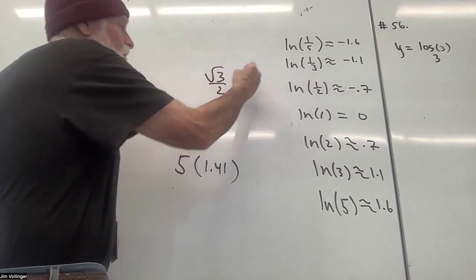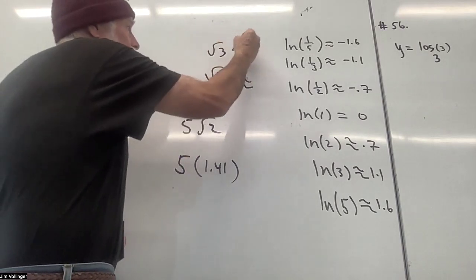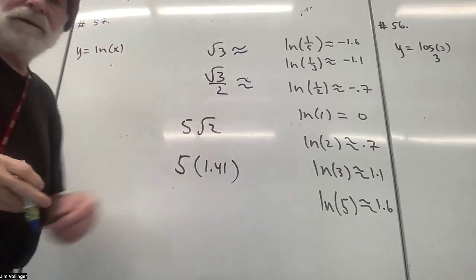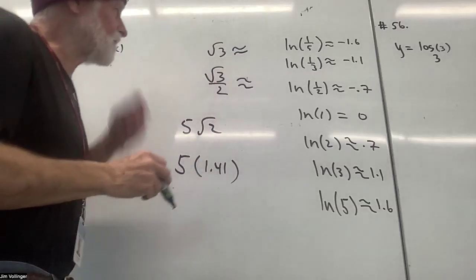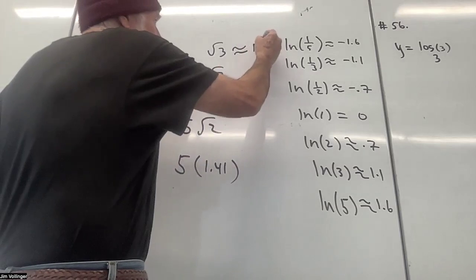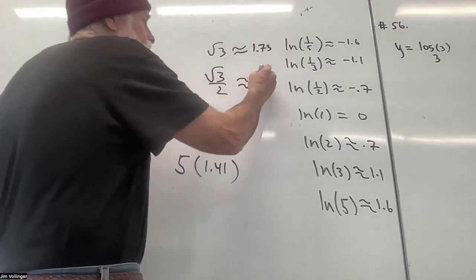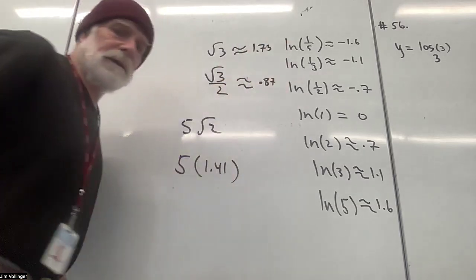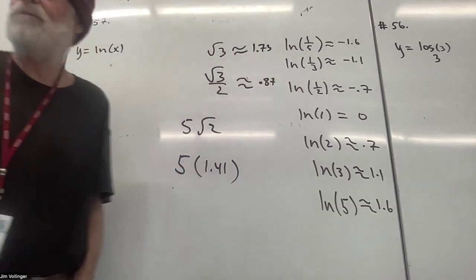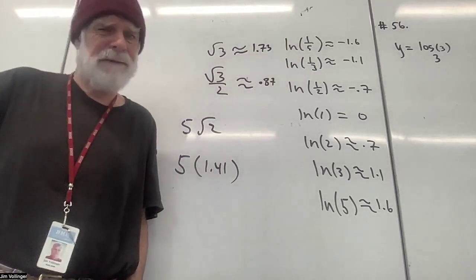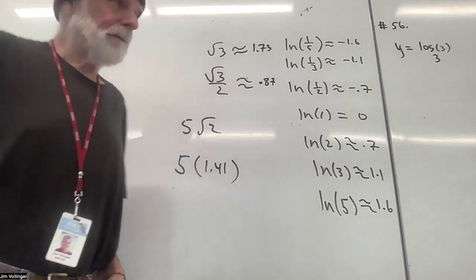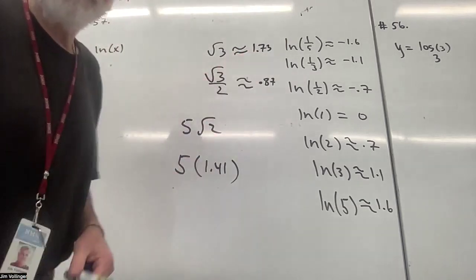That's the one that you've got to memorize, right? Square root of 3. Right? And I'm not going to tell you now. Well, I have to, because other people aren't in this class. So we're using 1.73. We're using this as 0.87. All right. And if I don't see those numbers, then I'm wondering if a calculator came out of a pocket, and that would be a bad thing. All right. So I'm hoping you memorize these numbers.